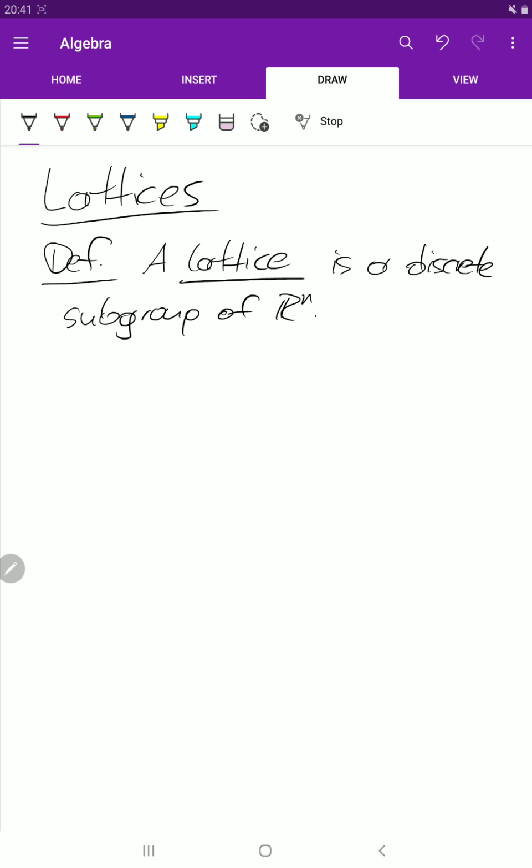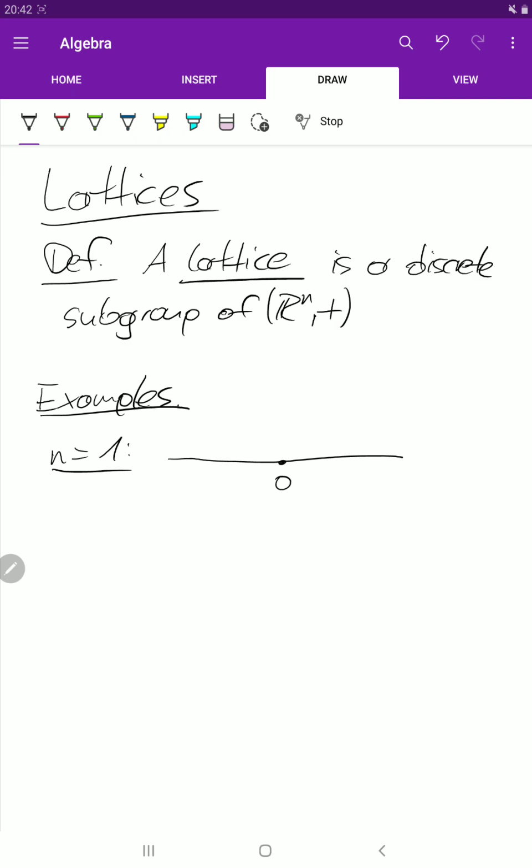Okay, let me give you some examples. So the first example, let's look maybe first at the case for n equal to 1. So for instance, we have the real line, we have 0 here, and just to make the group operation clear, we consider it with addition.